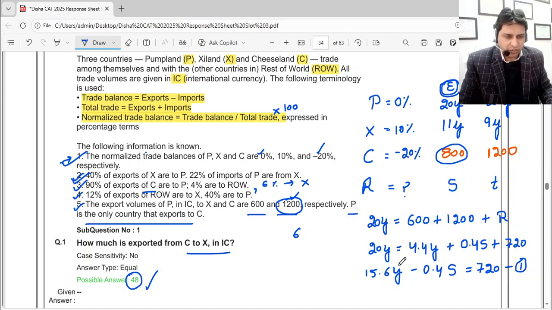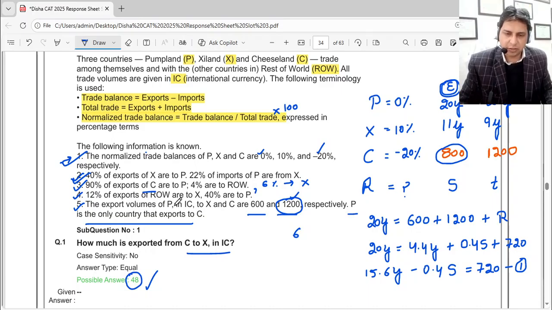Any other equation which we may make, like we made from export, we made from import. Let's see if we have all the export for X and or all the import of X. Now P export volume to X we know, so X's import we can have from here.